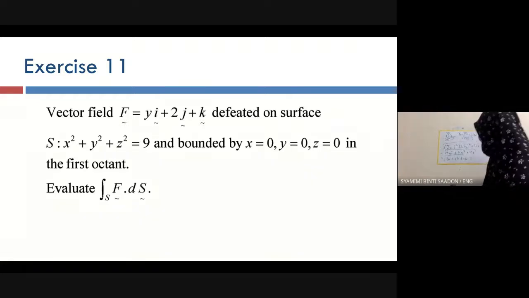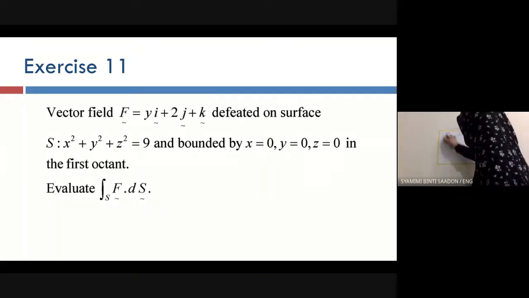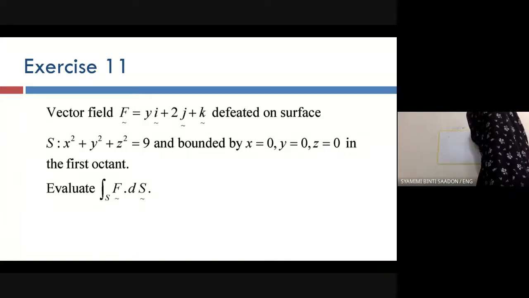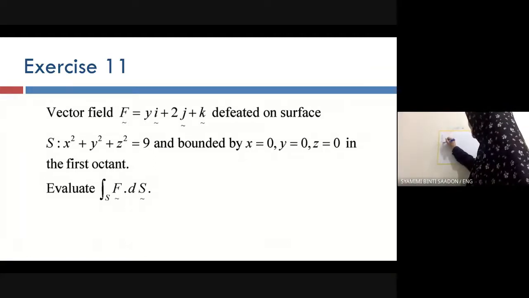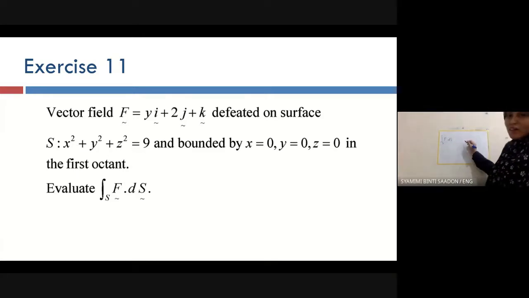We integrate. So, the integration of the surface F dot n dS. Okay, so this is a vector, this is also a vector.